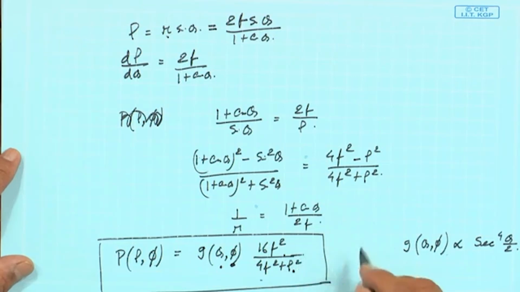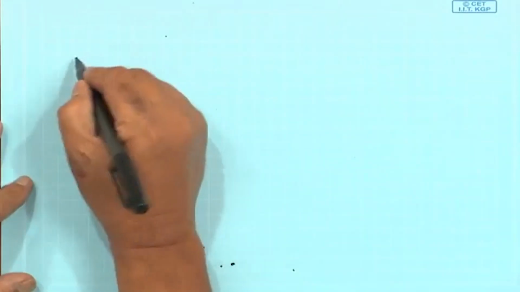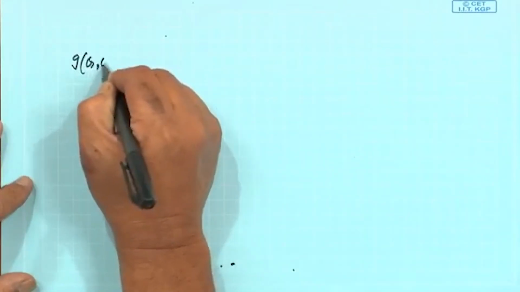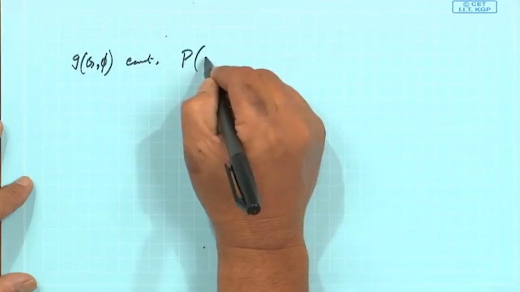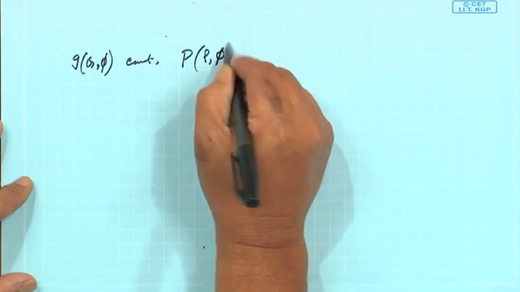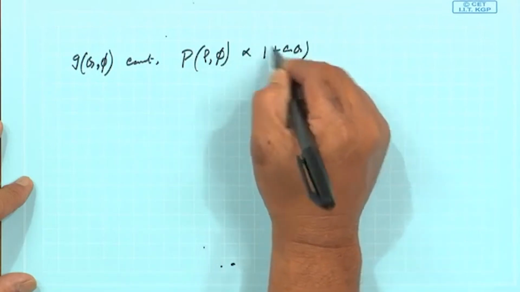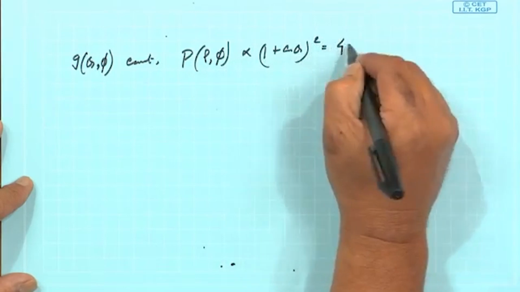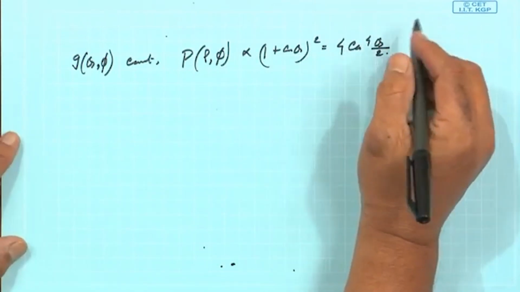So if G theta phi is constant, then P rho phi from this expression becomes 1 plus cos theta whole square, which is 4 cos 4th theta by 2.